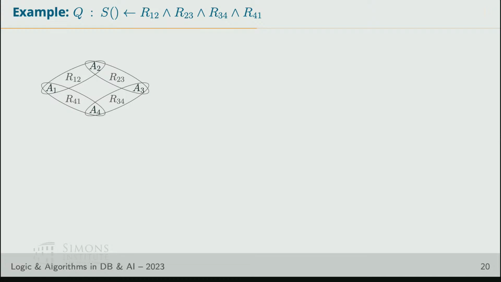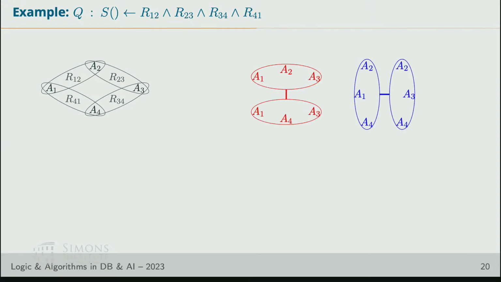I'll give an example that we actually learned from Uri's paper. Let's say you want to detect 4-cycles in a graph, right? Just detect whether a graph has a 4-cycle. One thing to do is to run variable elimination like before. Then you will stick with either this tree decomposition or that tree decomposition.